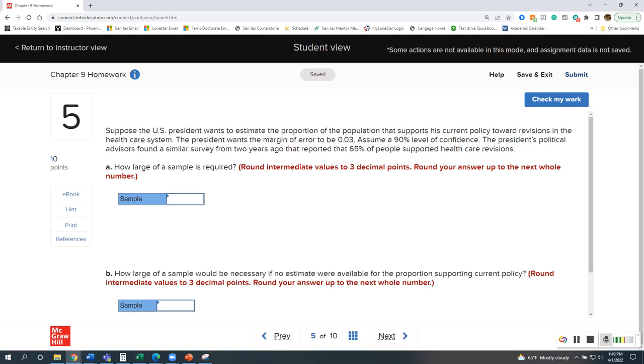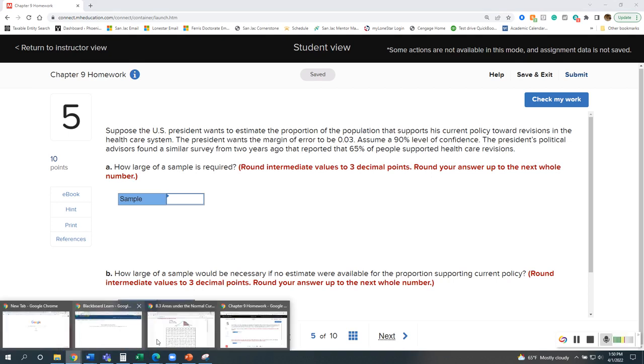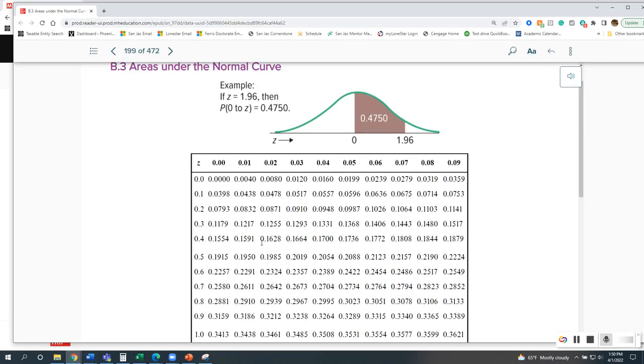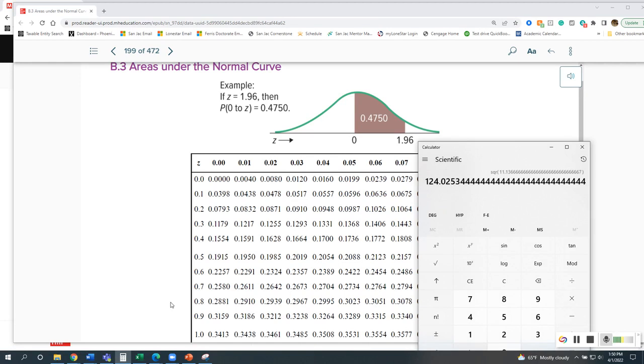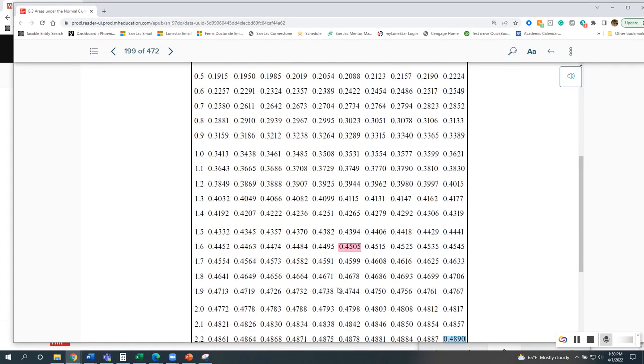Alright, so this looks like just from the lecture one. So we're going to go ahead and calculate this, which again, we have to figure out the confidence level. And this time, it is 90%. So we'll go ahead and find the z value for 90%. So we need our table, calculator, 0.90 divided by 2, and we're looking for 0.45.